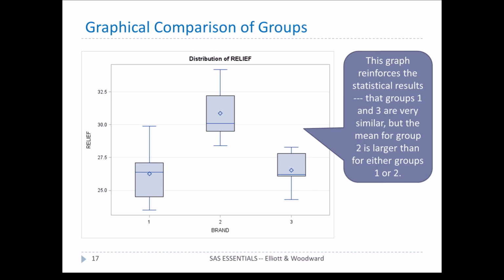Again, it's very important to look at graphs when you're doing some sort of comparison. Instead of just looking at the p-value, it's very helpful to look at a graph and try to visualize what's going on so that you're not confused by maybe what null hypothesis you were testing or something like that. The p-value can be misleading, and so we need to back that up with some graphs, and that's what we're doing here.